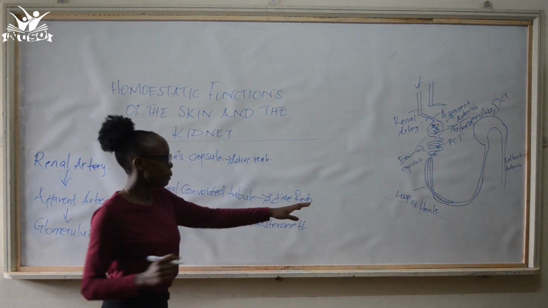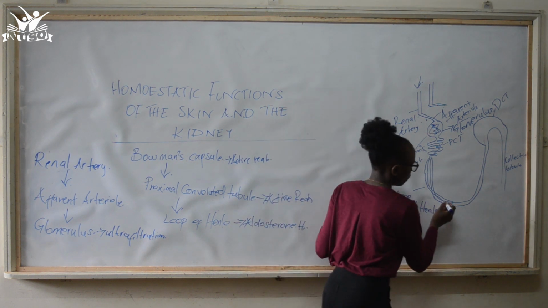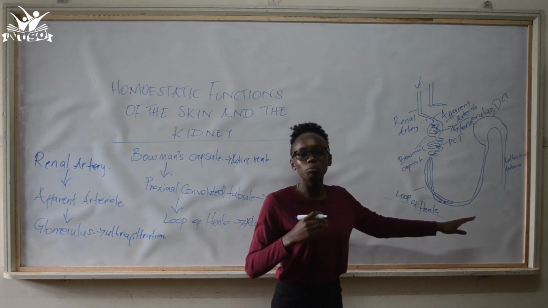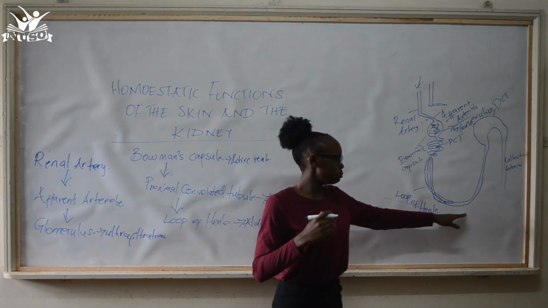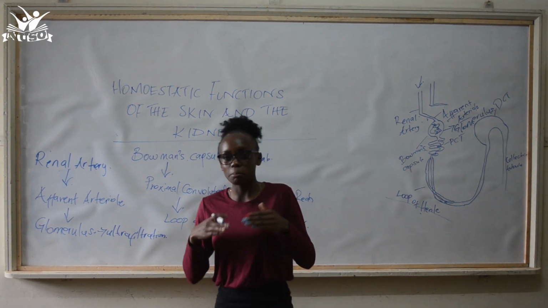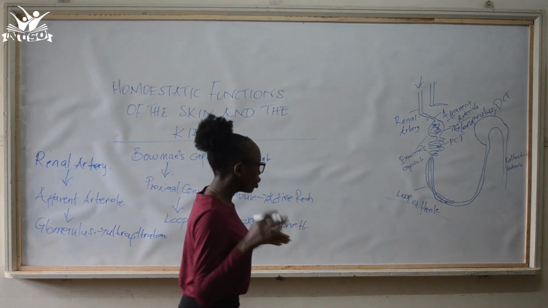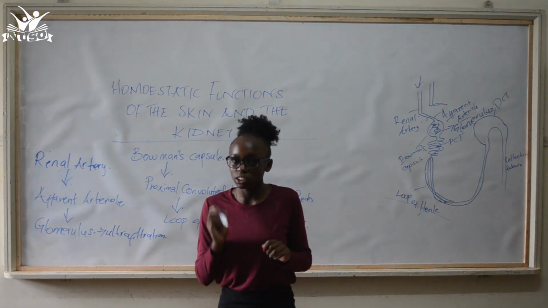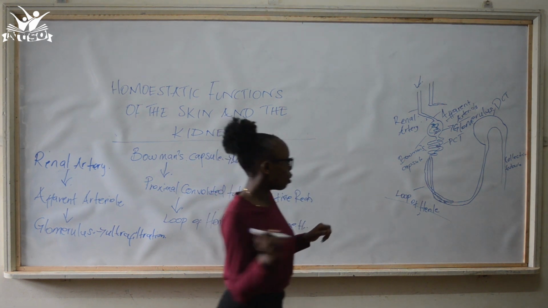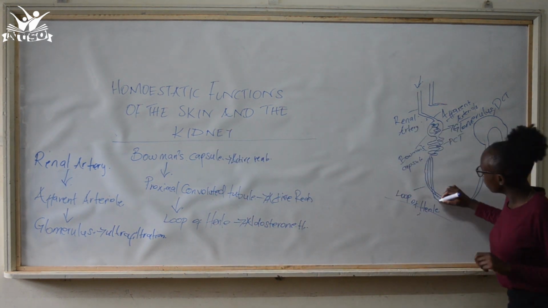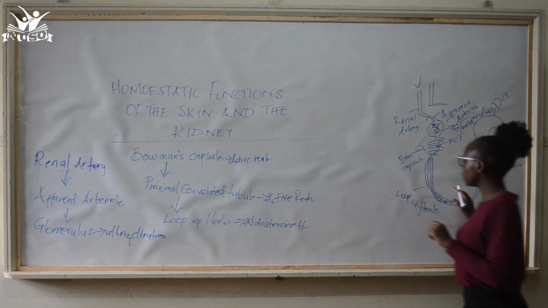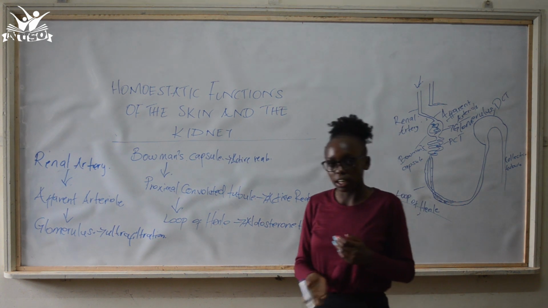This hormone makes the wall of the loop of Henle selectively permeable to sodium salts, and these sodium salts are therefore reabsorbed back to the blood. Another process that occurs in the loop of Henle is the countercurrent flow. In the countercurrent flow, blood flows in one direction and water flows in a different direction. And this makes up the countercurrent flow.